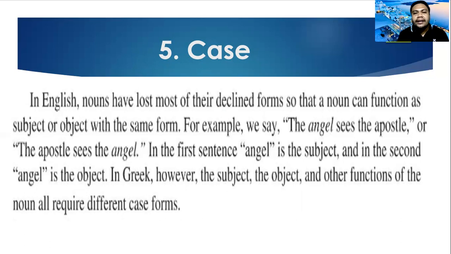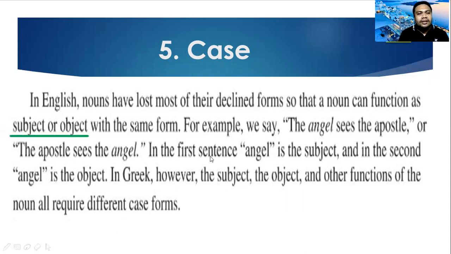For example, the angel sees the apostle or the apostle sees an angel. So later I will discuss this. So in Greek, the subject, the object, and other functions of the noun all require different case forms. So if the noun serves as a subject, it's a different form. If it is an object, it also appears differently, among other functions. So that is the case.